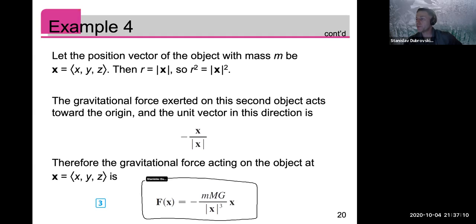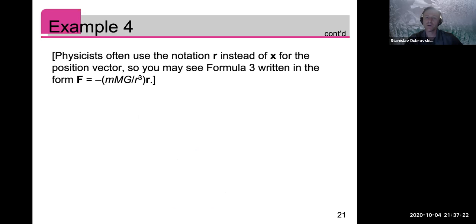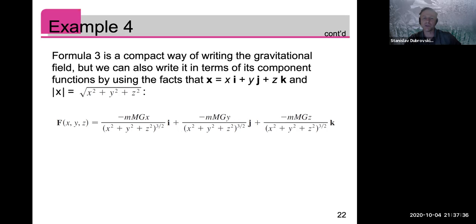If we imagine the vector of gravitational force associated to any point in the space, then we're talking about a gravitational field. So if we place a probe mass m, what would be the force acting on this probe mass? That would be exactly that expression, and we'll have the vector field for the gravitational field at any point in space. That's how it would look like, written in components.